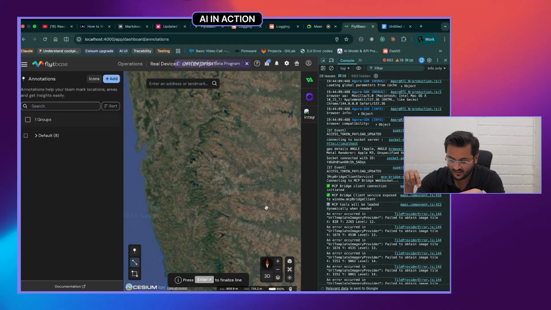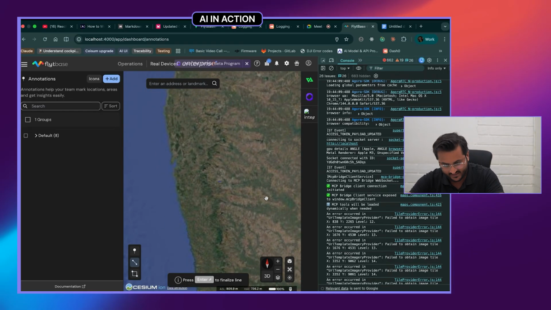If someone says, I want to draw a polygon, the polygon function is exported.